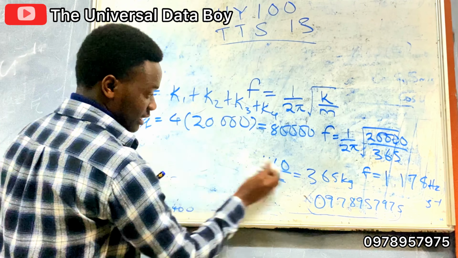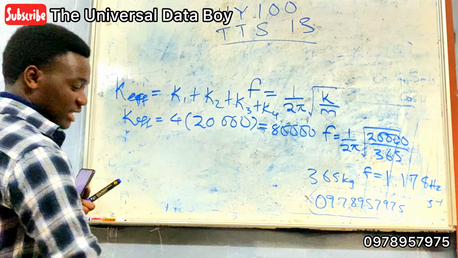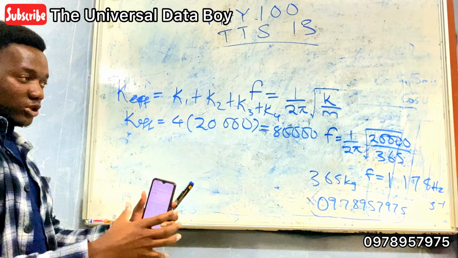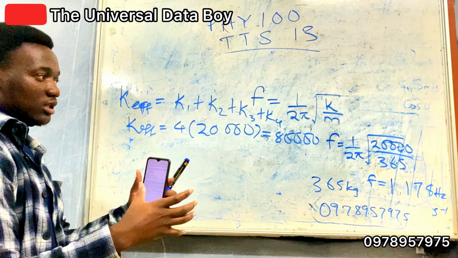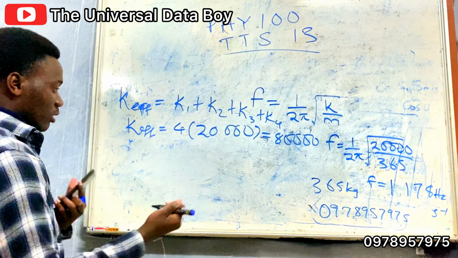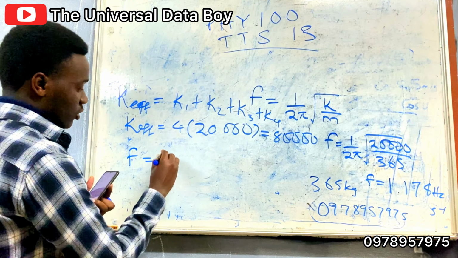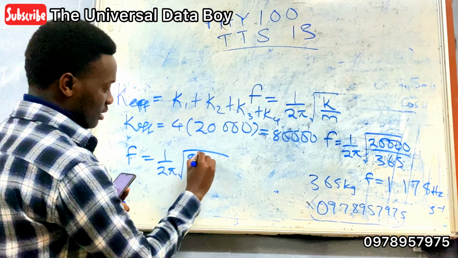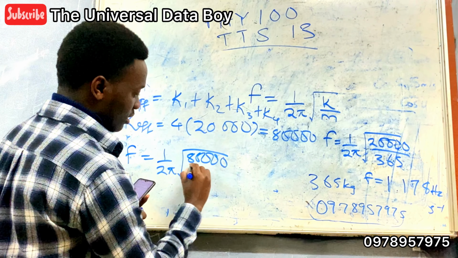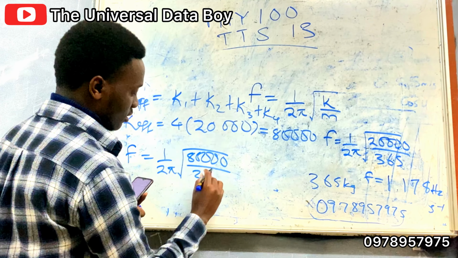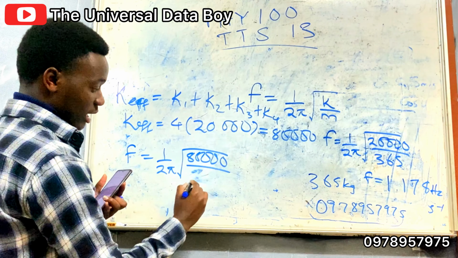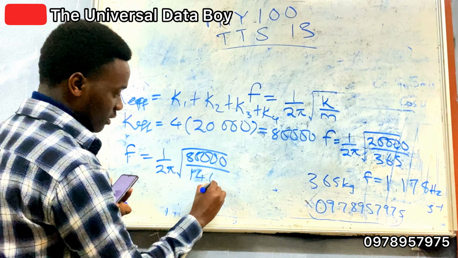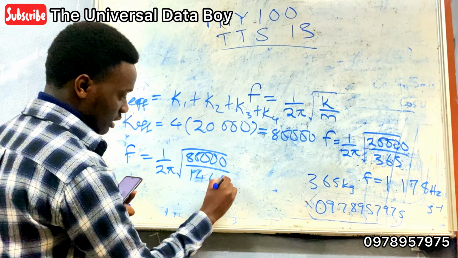So now this 8,000, that's like now we've put the power of all the springs together. So this is like we now have one spring. So we get f equal to 1 over 2 pi square root of 8,000 divided by the total mass, which is 1,460.